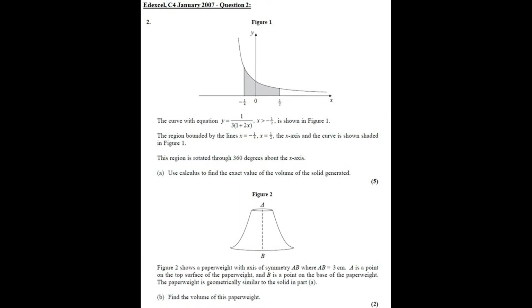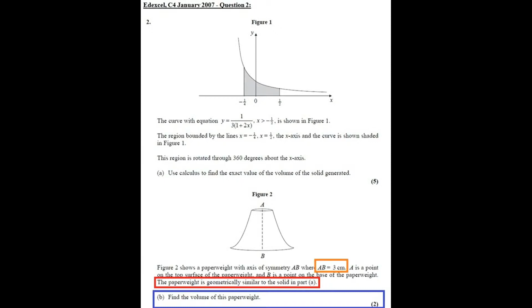The paperweight is geometrically similar to the solid in part A. That sentence is very important to this problem. In part B, find the volume of this paperweight. So let's have a think about this. We have AB, and the length of AB is given as 3 centimeters. So bear that in mind.